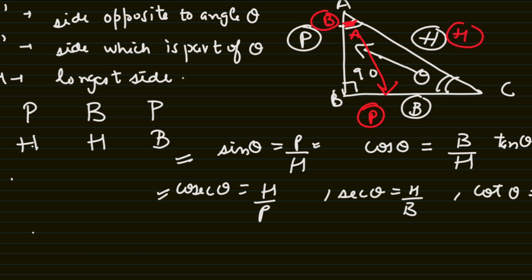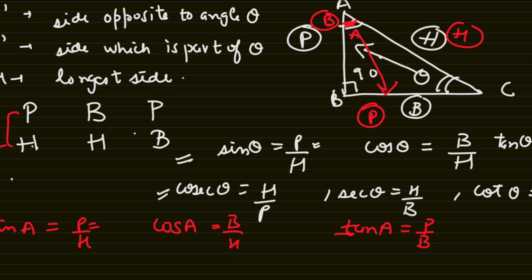So here the value of sine A will be, again you will use this formula only, P upon H, cos A is B upon H, and then tan A is P upon B. You can see for sine A, P is this, that is BC, and hypotenuse is AC.